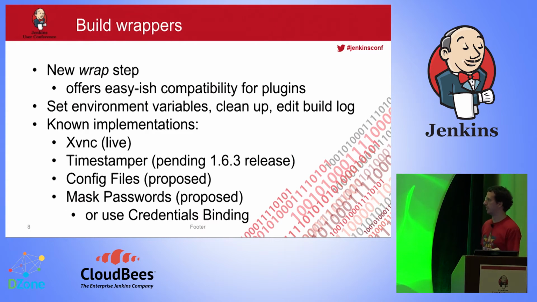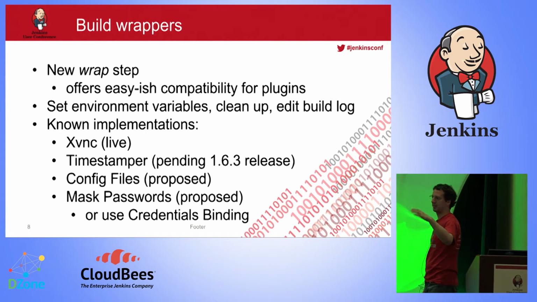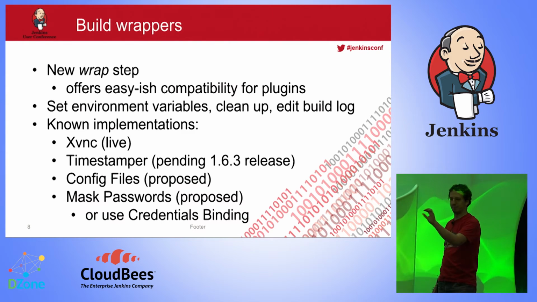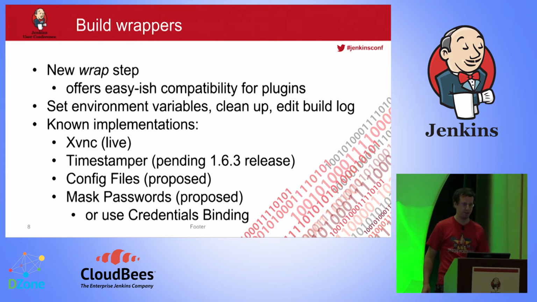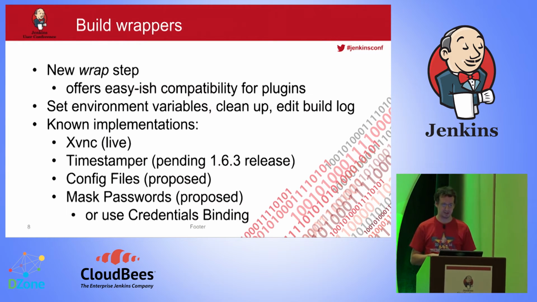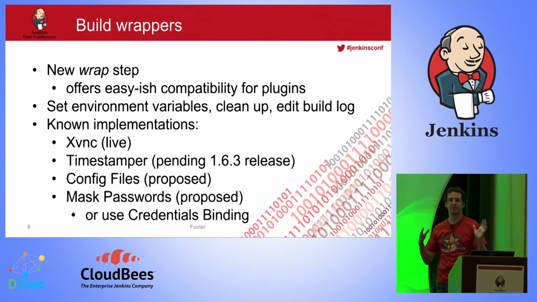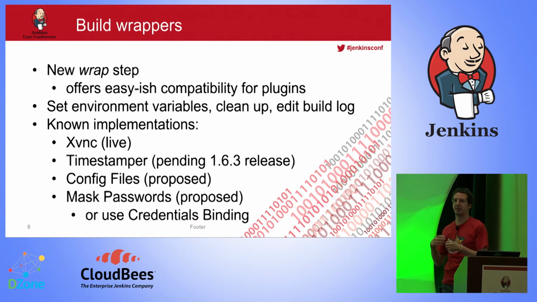Another really popular one is the timestamper plugin that basically puts timestamps into your build log wherever you're doing steps, so you can see how long each thing took. That integration is now going to be available as soon as the plugin maintainer does a release. There's a configuration files plugin that's also pretty popular for keeping some special files on the Jenkins master.